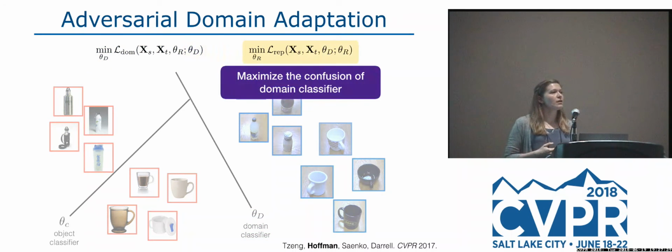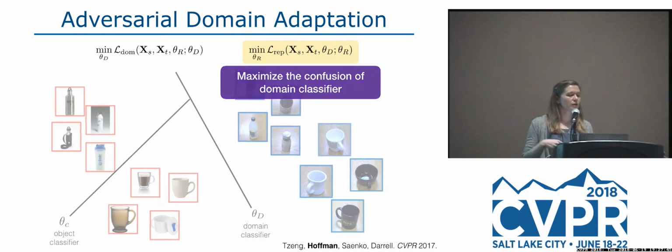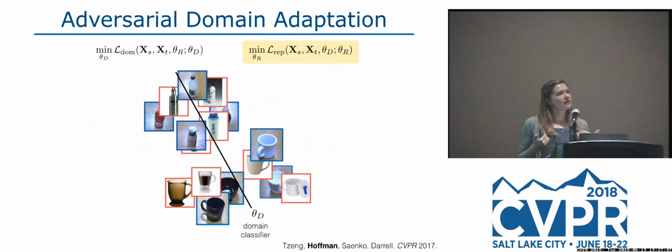We then update the underlying representation, which really means where these points fall on the screen as I'm depicting it here, and we update it according to confusing this domain classifier. Once we've done this, the points will move in space in such a way that the classifier no longer correctly distinguishes the difference between the red source points and the blue target points.